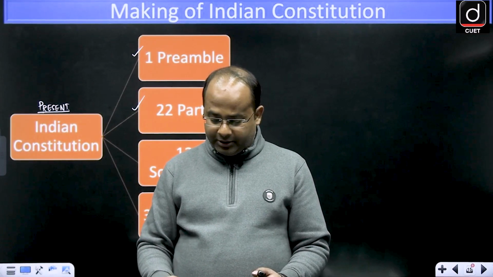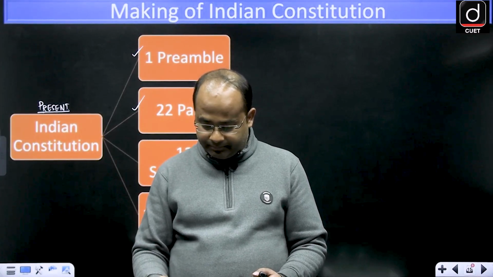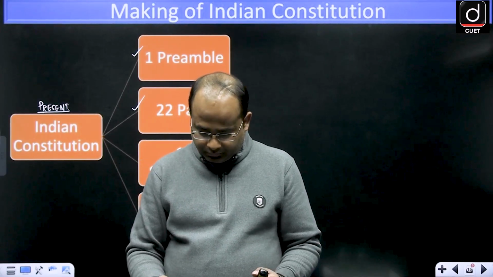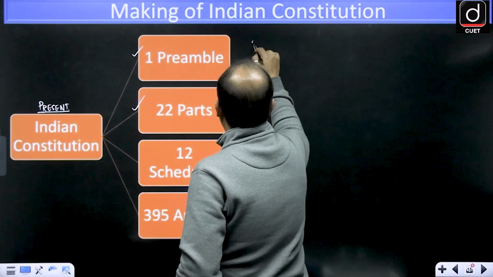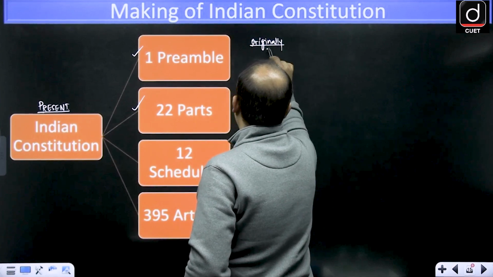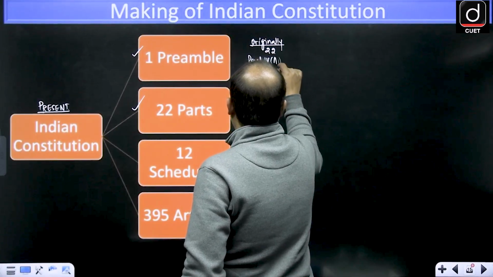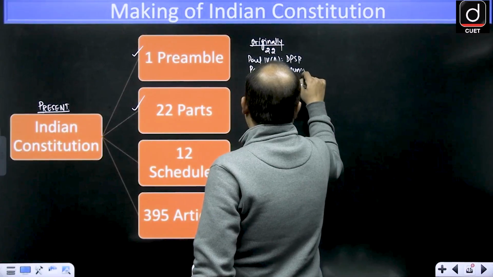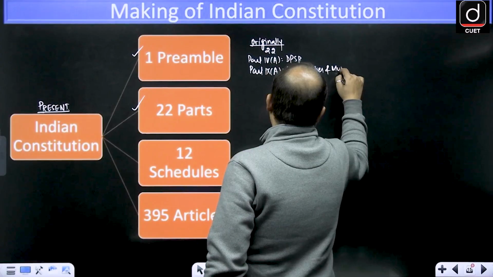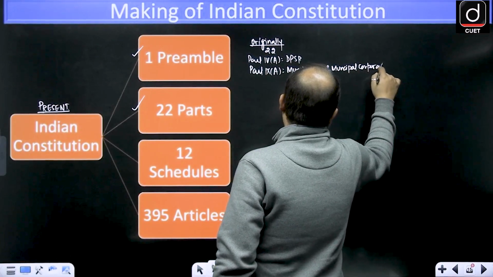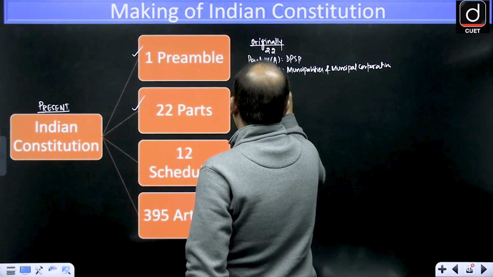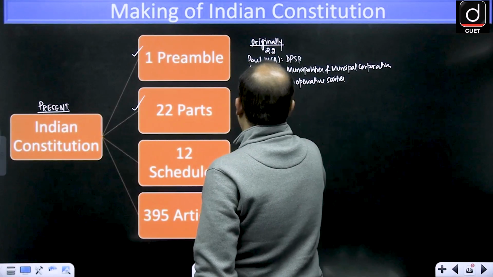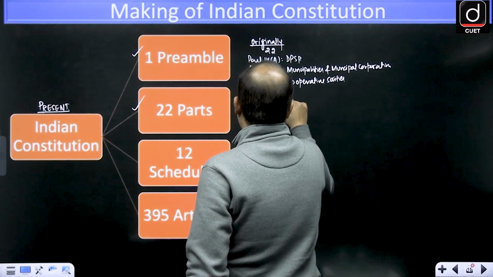But how is it there? Like you will find, guys, originally we have 22, but if you add part 4A, that is directive principles of state policy, then you have part 9A, municipalities and municipal corporation, part 9B, cooperative societies, and part 14A, this is tribunals.